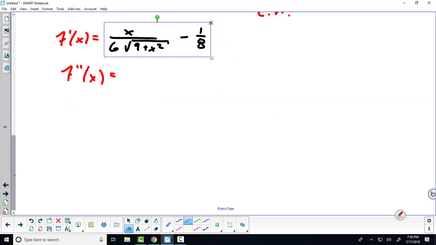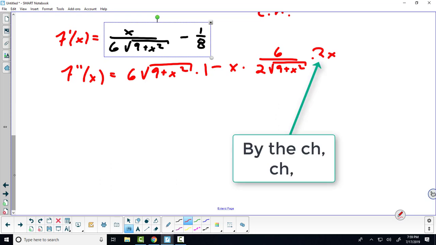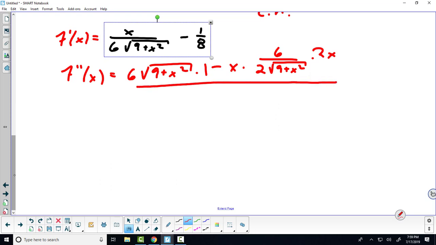So we do the bottom times the derivative of the top minus the top times the derivative of the bottom, which is just the derivative of the bottom term. So that would be 6 over 2 square root of 9 plus x squared times 2x, all divided by the bottom function squared.